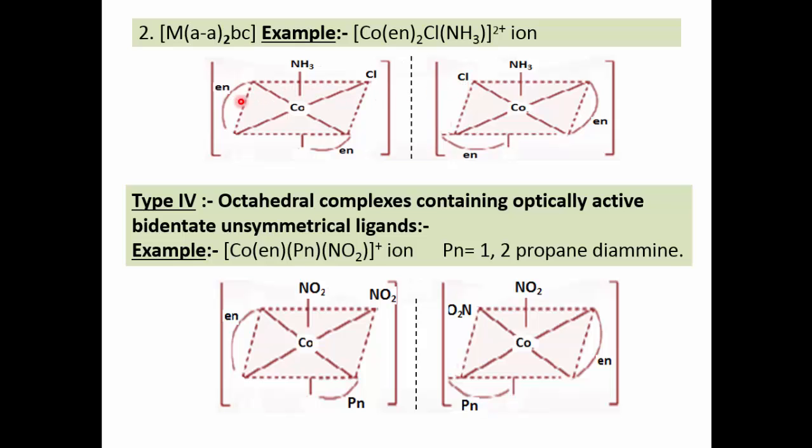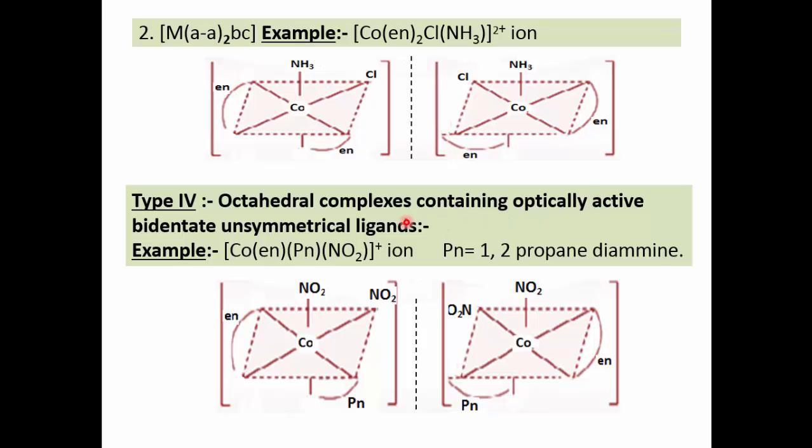The ethylene diamine ring is transferred from this position to its opposite position. Okay, due to the mirror. Similarly, here this ethylene diamine from the third and sixth positions is transferred to the fourth and sixth positions. These isomers are again not superimposable, and in this way these two compounds again show optical activity.